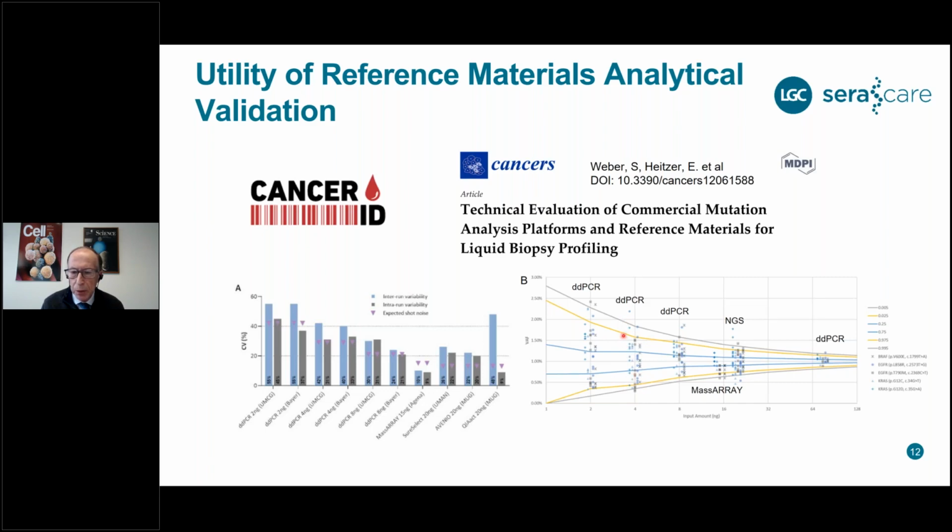So wider distribution, and the more mass you added, the narrower the distribution gets. This is a nice way to look at the different technologies for circulating tumor DNA using the same reference materials. And that's the point here. You can use the same reference materials. We have a good supply, and you really can compare different critical variables in validating these assays.